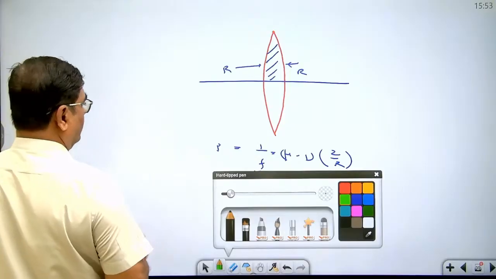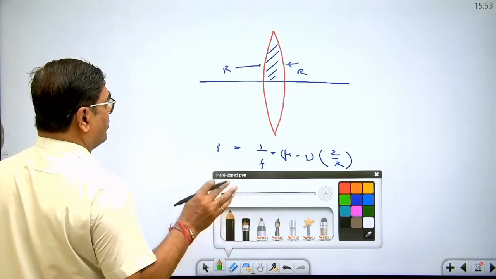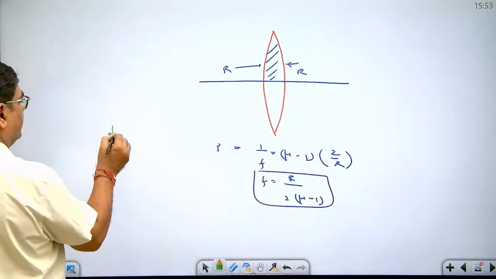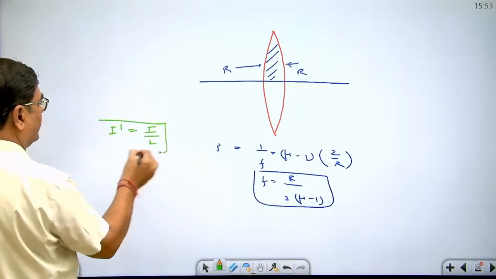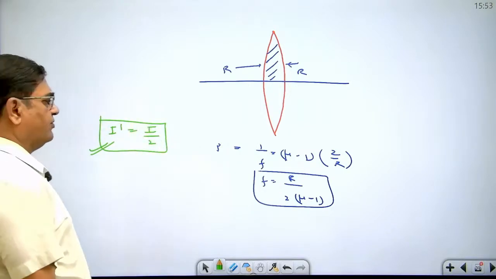Neither focal length nor power is changing, but what about intensity? Because the exposed area has become half, intensity will become I by 2. So intensity has reduced to 50%.